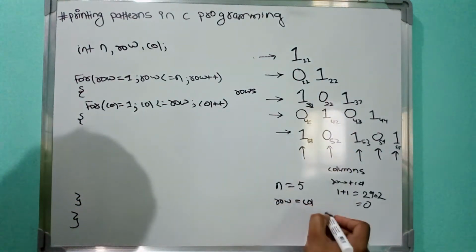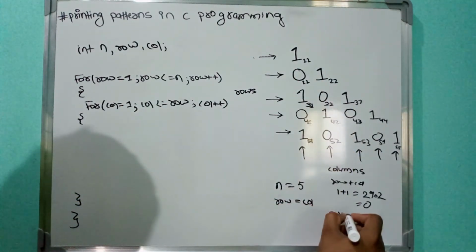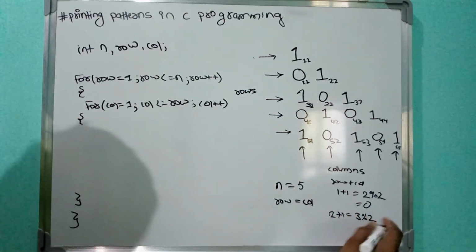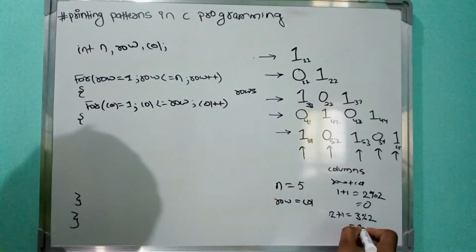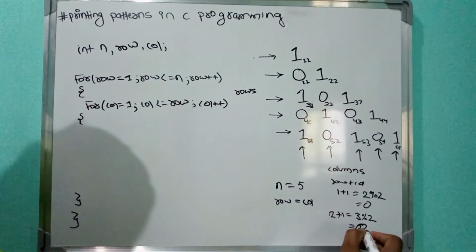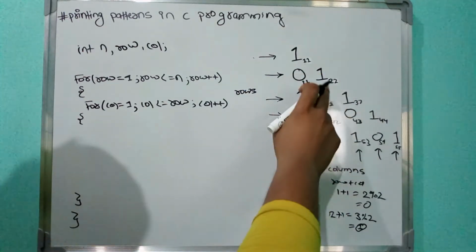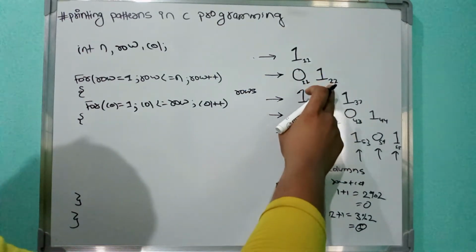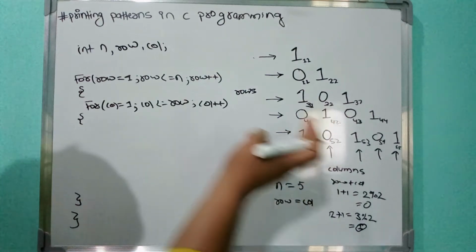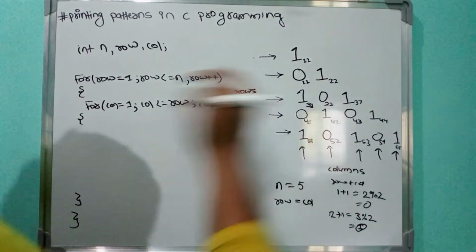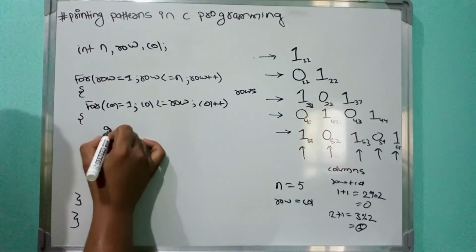For this one, row is 2 and column is 1, so the sum is 3. When we divide 3 by 2 and take the remainder, the remainder will be 1. When the remainder is 1 we will print 0. In this case row is 2 and column is 2, so the sum is 4. 4 divided by 2 gives remainder 0, so we will print 1. The same case will apply here.